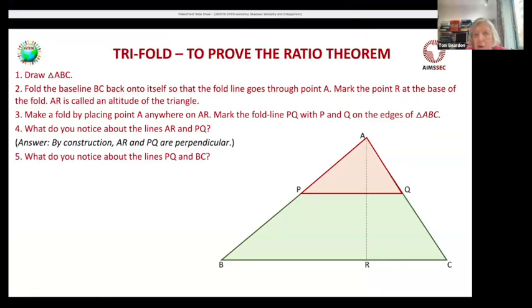what do you notice about PQ and BC? PQ, so these are at right angles. If those are at right angles, that's at a right angle. So I know what conclusion I got between the relationship between PQ and BC.